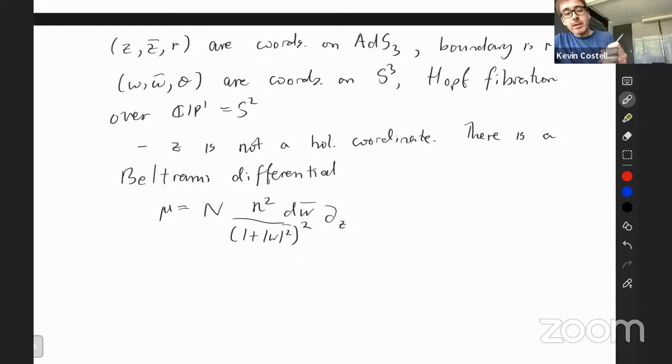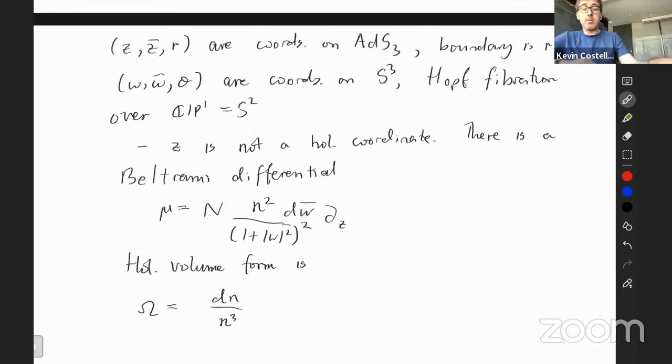Also, for our bulk theory, we're going to be focusing on the open string sector because it's easier. And the bulk Lagrangian is the holomorphic Chern-Simons Lagrangian. So that involves the holomorphic volume form of this geometry, so I need to write that down too. Omega has a pole of order 3.